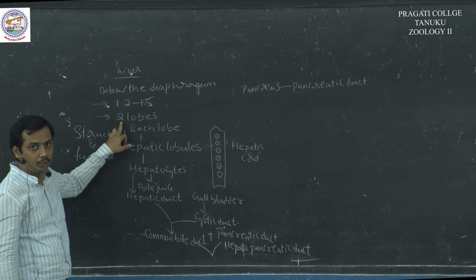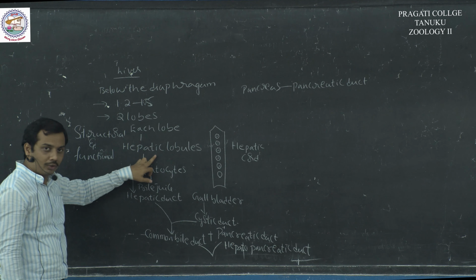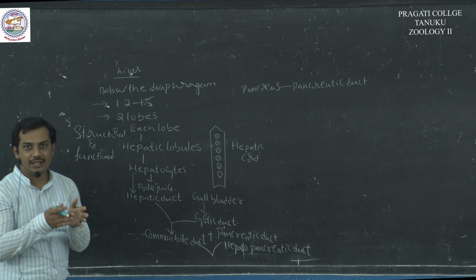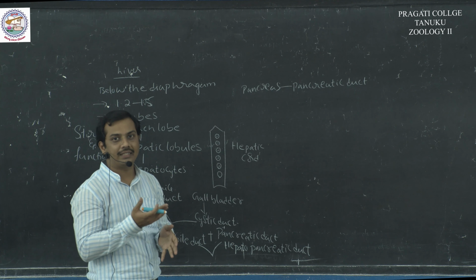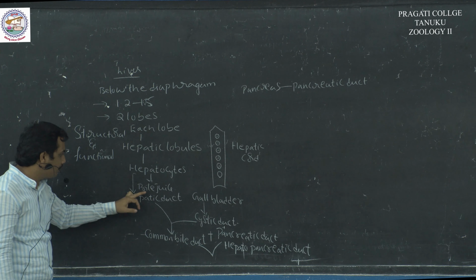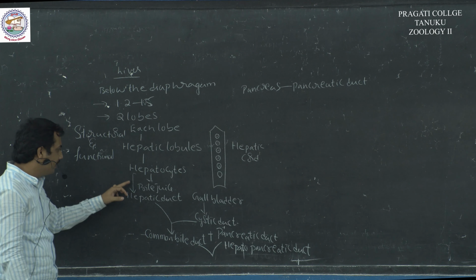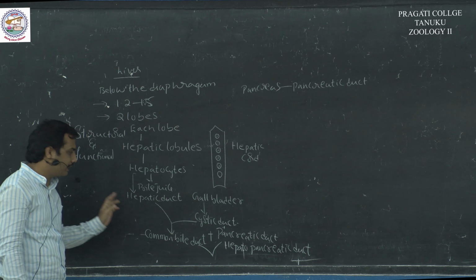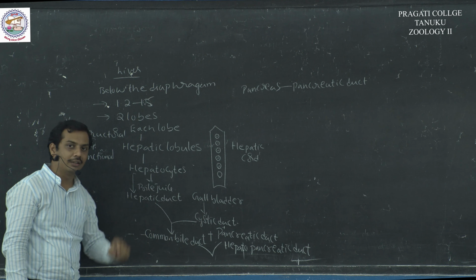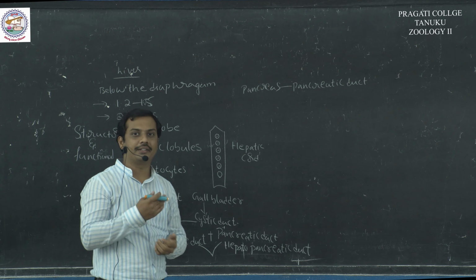Each lobe contains many hepatic lobules. Inside the hepatic lobule, there are many hepatocytes arranged in the form of hepatic cords. These hepatocytes produce bile juice and convey it with the help of the hepatic duct to the gallbladder, where the bile juice gets concentrated.